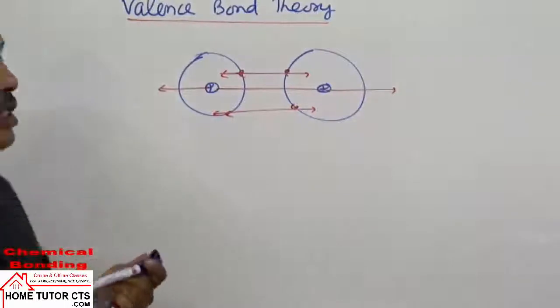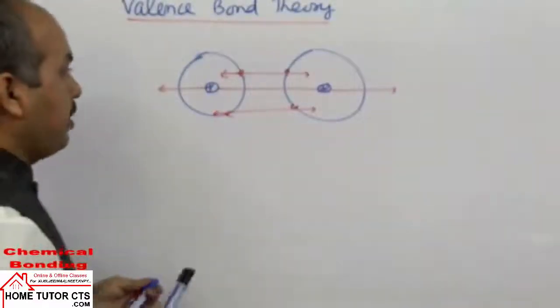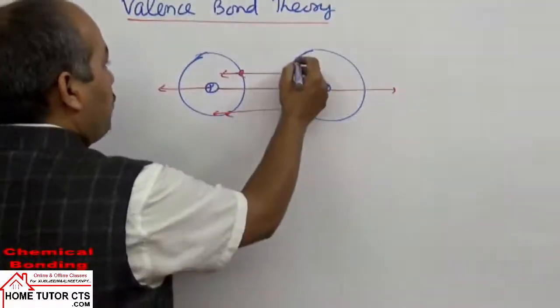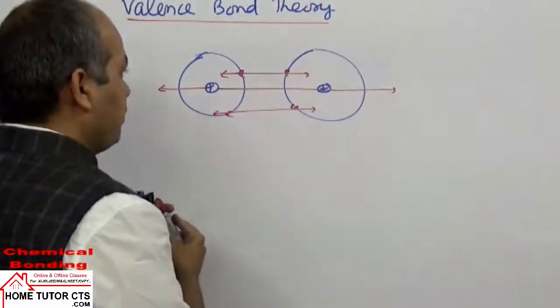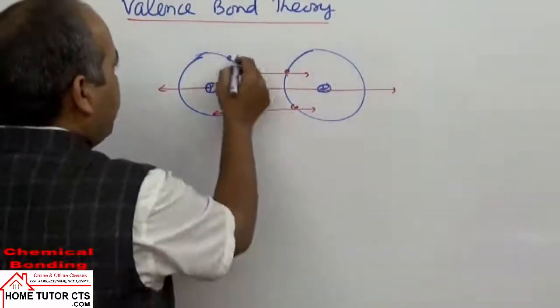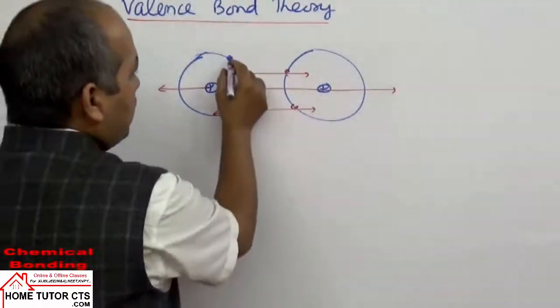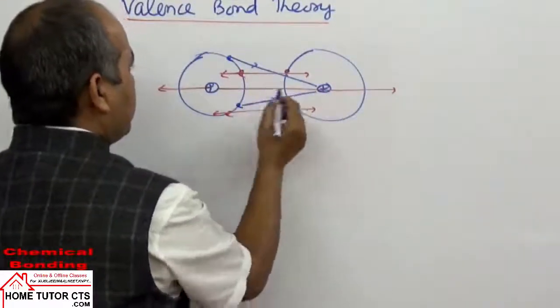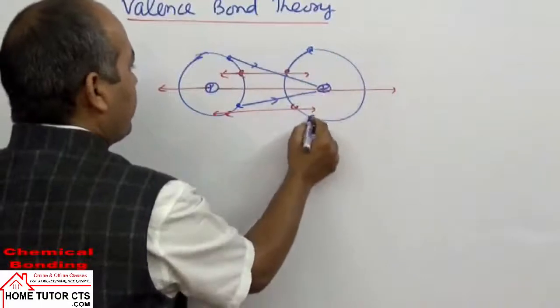These are the repulsive forces. At the same time, attraction takes place where the electrons of one atom are attracted by the nucleus of the second atom. Electrons here are attracted, and electrons here also have attraction.